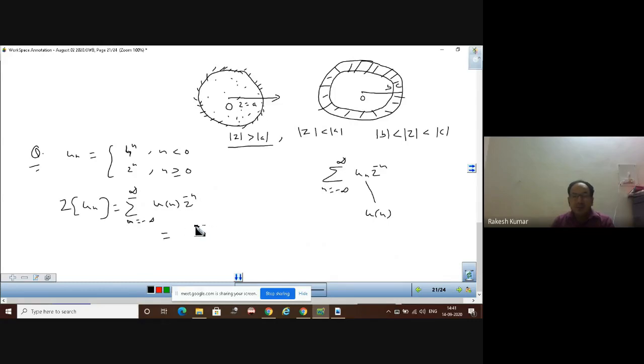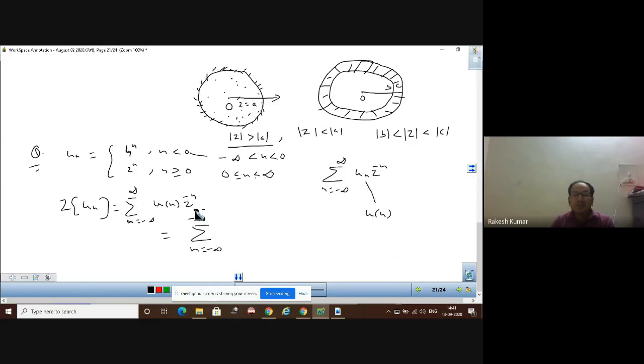And you can split the series: n from minus infinity to minus 1, and the other interval, 0 to infinity.